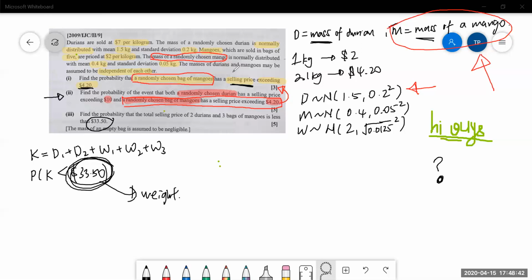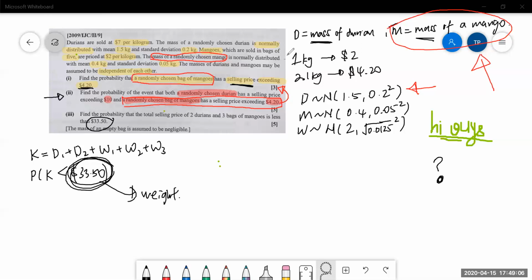Oh, because the mean is 0.4 kg, right? 0.4 times 5. 0.4 times 5 is 2 kg. So 1 bag is 2 kg. That means, and since 1 kg is $2, that means 2 kg is $4.